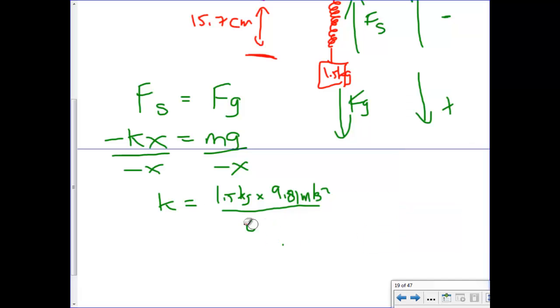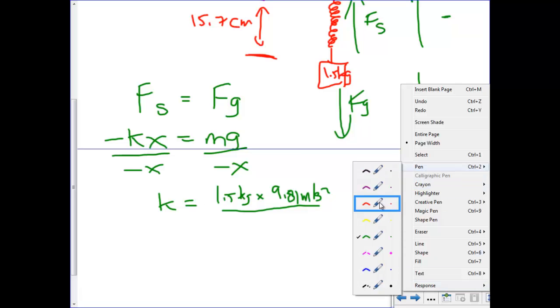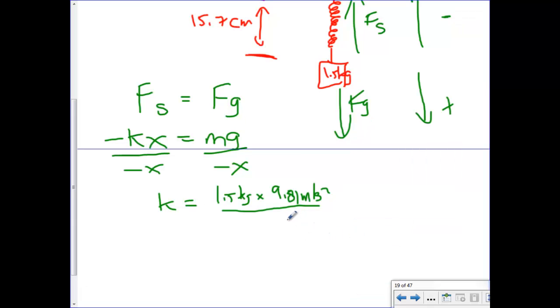Sorry, my bad. Usually K values are positive here. I think I'm going to have to throw an extra negative somewhere here. Because we're going to go with negative 0.157 meters. You know what? To be honest, it's probably easier just to ignore the whole negative concept.